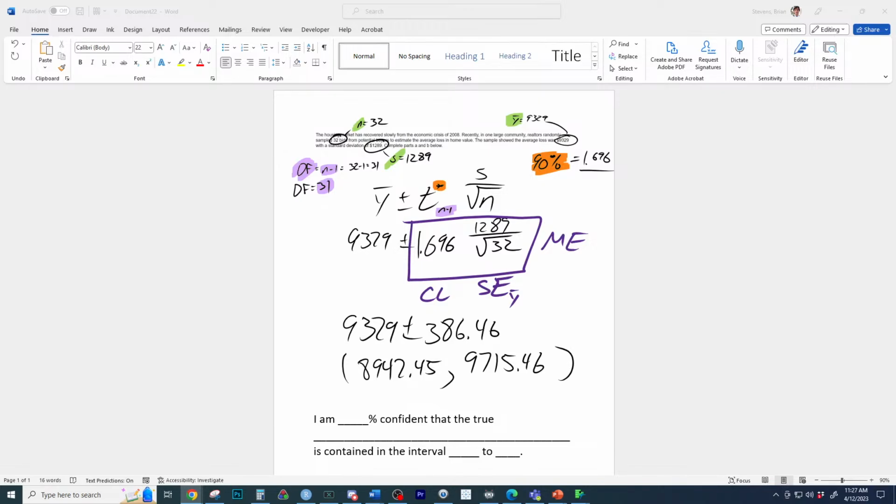So even if you're watching this in the future, just try typing it out, try saying it out loud. You won't be typing on the test, I am blank percent confident that the true blank is contained in the interval blank to blank. You'll have to input the blanks right here and understand what is said and what is meant. So what is it? Remember, this is going to be on the test. The test is worth a lot more. It's the final.